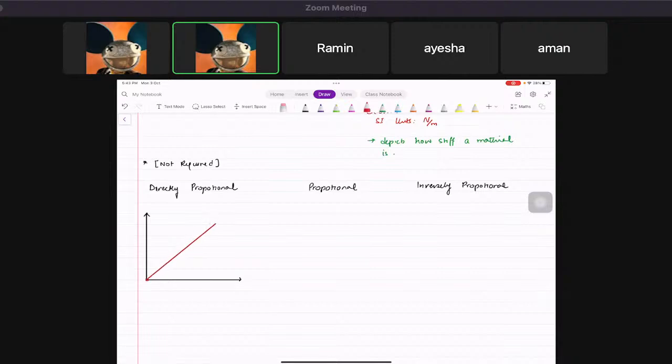So it's going to start from the origin and be a straight line, no matter what. If this is a graph between y and x, then the equation for the directly proportional graph will be y equals mx, which means y is directly proportional to x. Okay.